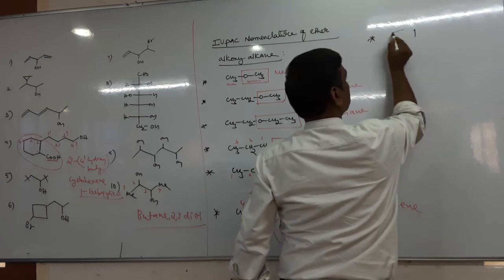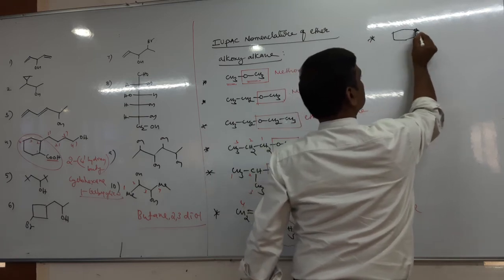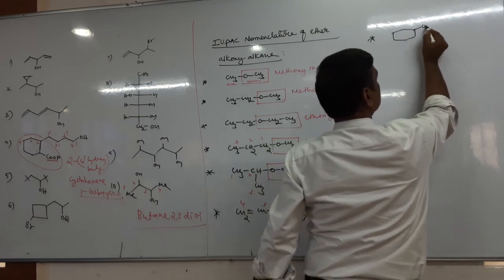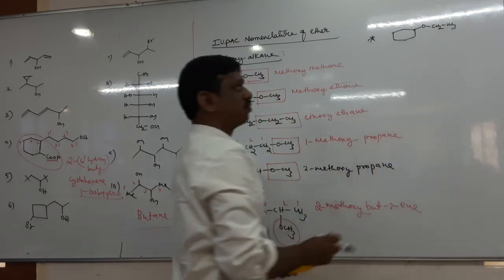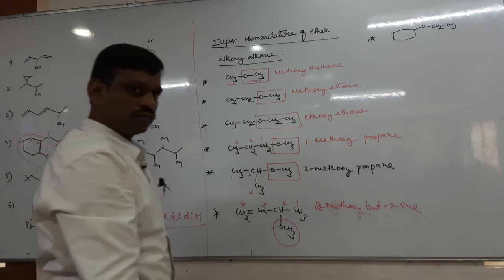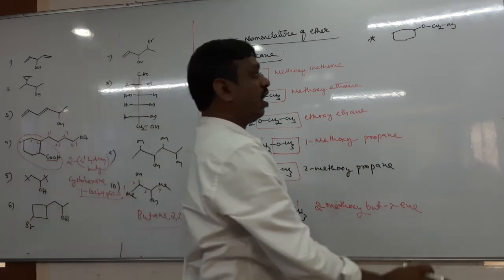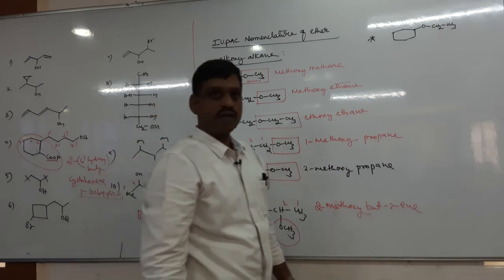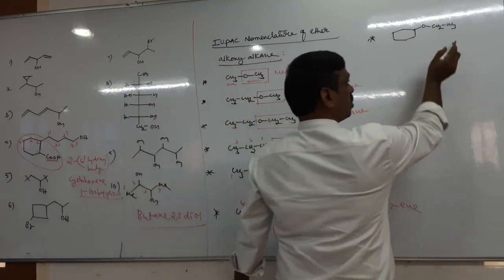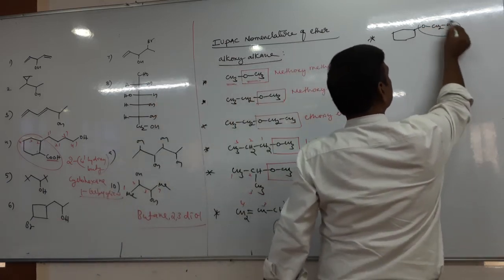One more example. Alkoxy alkane. So identify which is the alkoxy. Methoxy, right? The smaller alkyl, ethoxy.